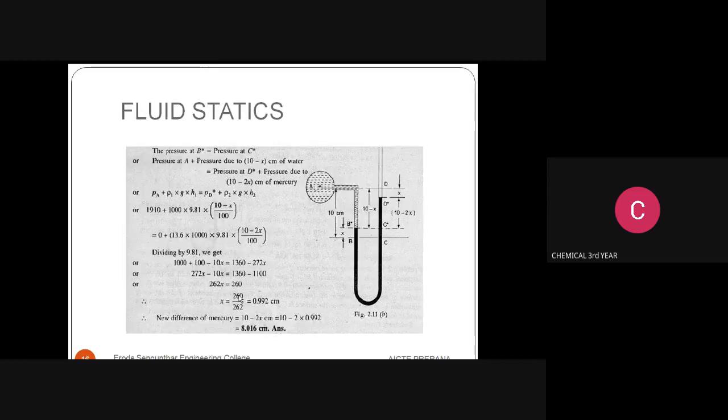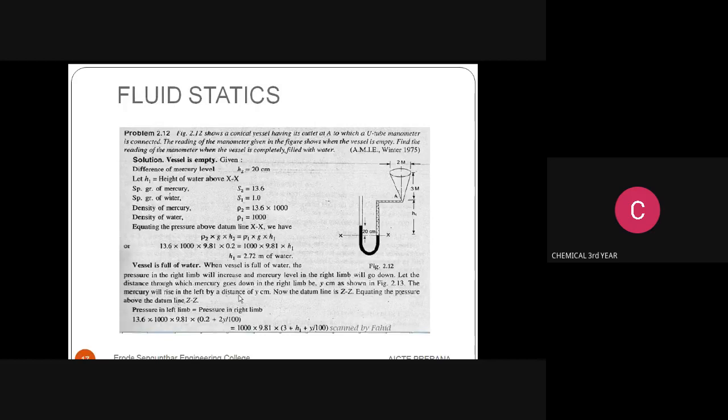The points B, C, and D show the initial condition, and points B star, C star, and D star show the final conditions.